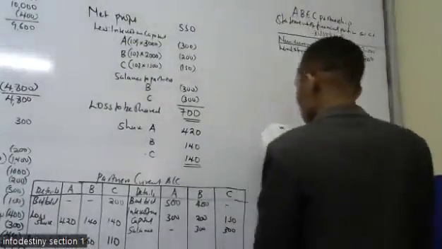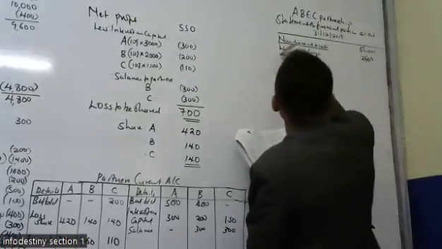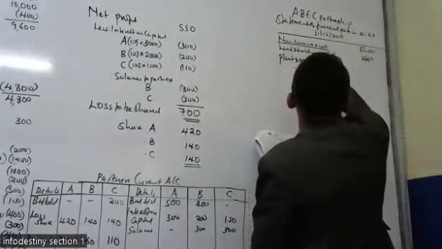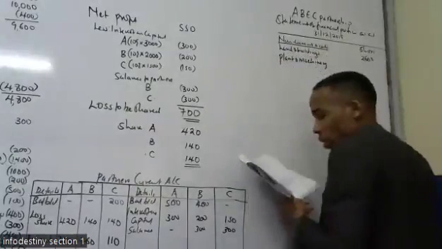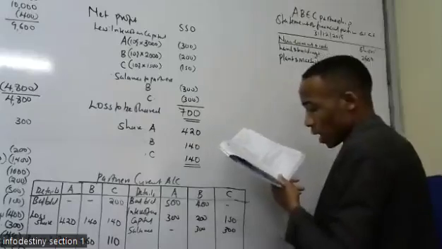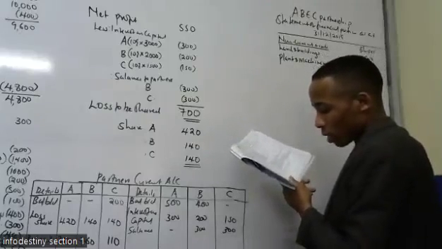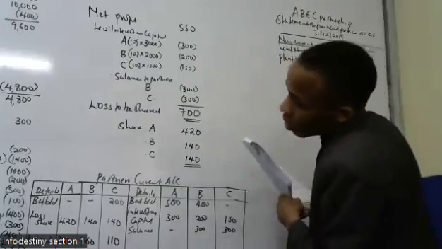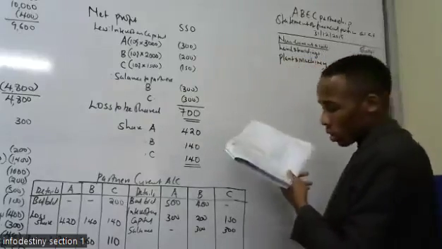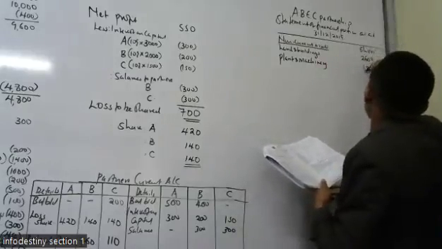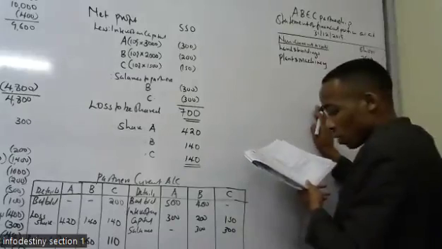Then the next non-current asset is plant and machinery. Take the cost minus the accumulated minus the depreciation charge for the year. So we have 3,000 minus 1,300 minus 300. So 3,000 minus 1,600, remain with 1,200, that's a net book value.